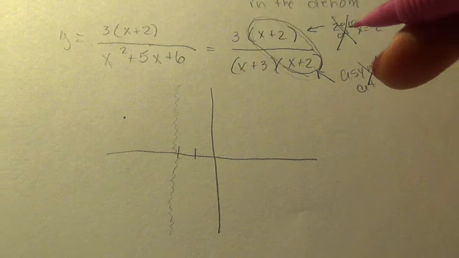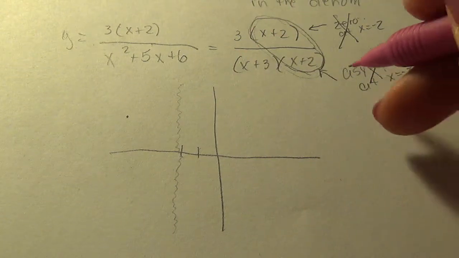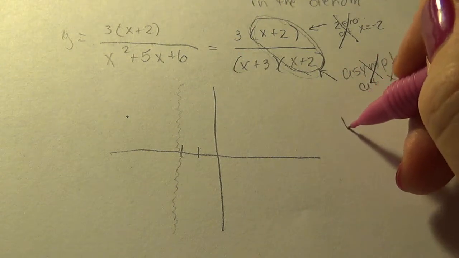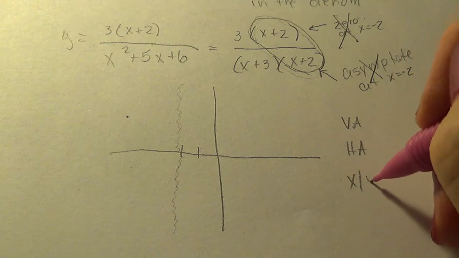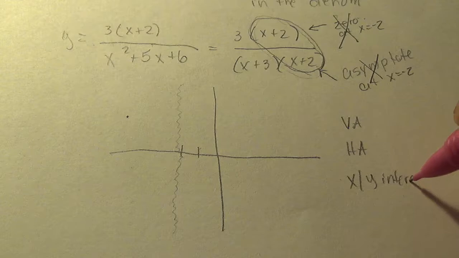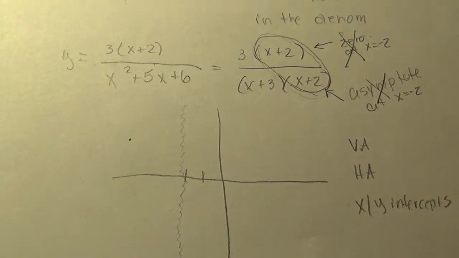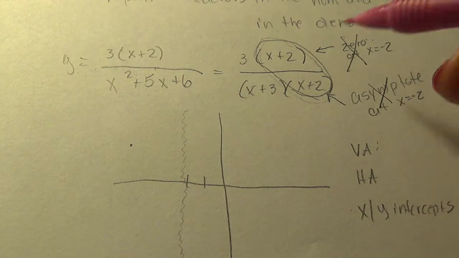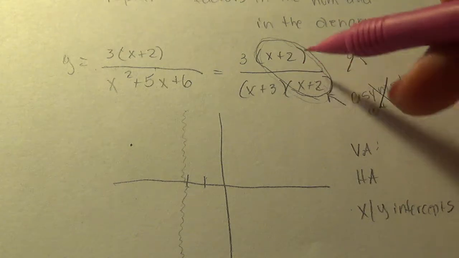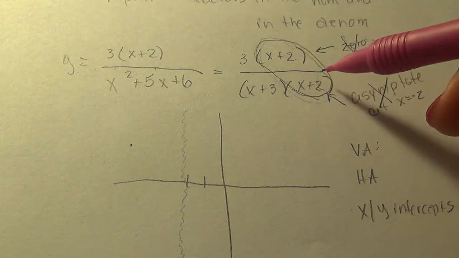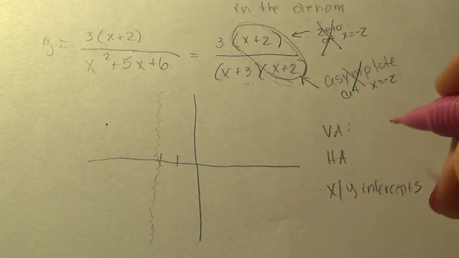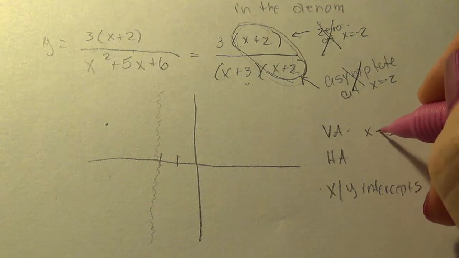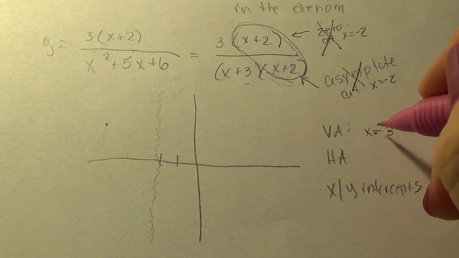Alright, so we're going to go as normal until we hit that little crack in our graph. We're going to do VAHA, x and y intercepts. Alright, so we look in the denominator. We're going to avoid this repeated factor, but what else causes the denominator to be 0? Right here, x equals minus 3.